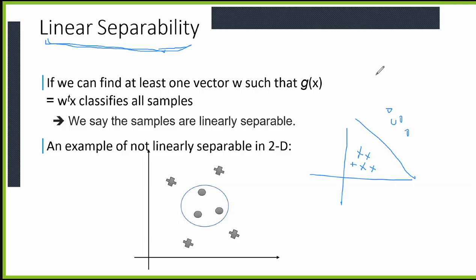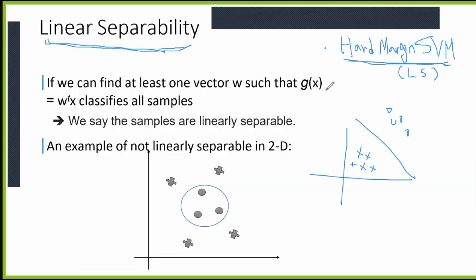Before diving in, I want to first mention that there are different types of support vector machine. The one that we will go over today is a hard margin support vector machine, which assumes that the input data is linearly separable.